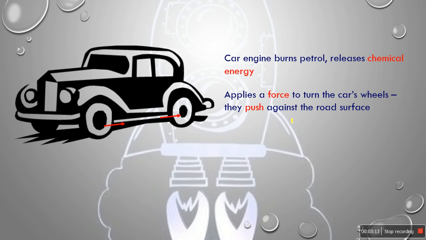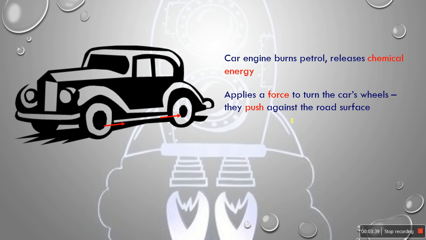Simply, chemical energy is converted into mechanical energy, and that mechanical energy is utilized to overcome opposition, meaning to overcome friction and air resistance. The power developed during combustion becomes mechanical energy, and this power overcomes friction and air resistance.